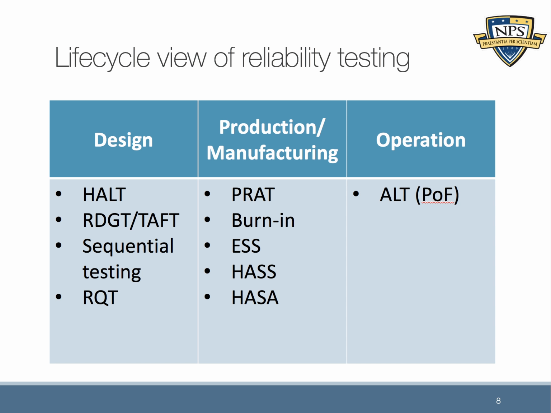Like a solder defect. So a lot of these are going to be focused on finding those sorts of issues. In some cases they could be designed in, but the primary focus of the production, manufacturing, screening, and test is to eliminate defects that were put into the system as a result of building the system up.